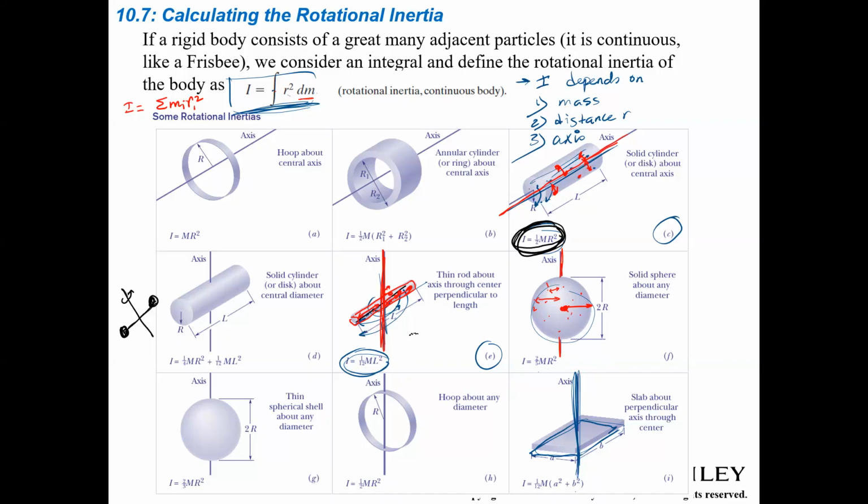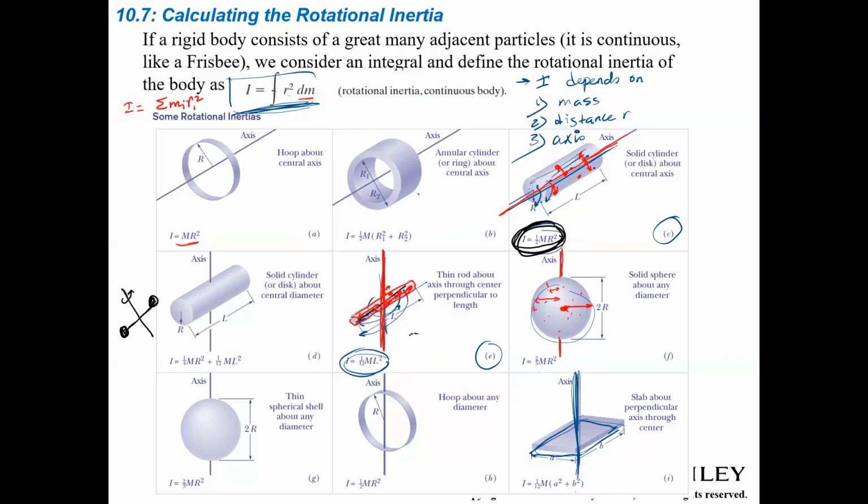So I will define the rotational inertia for the rod when the axis of rotation is the axis of the rod itself, as in figure C. The rotational inertia is half mr squared. I have also defined the rotational inertia for a hoop, and this hoop is rotating around its own axis again, the axis that is passing through its center, and the rotational inertia is mr squared.